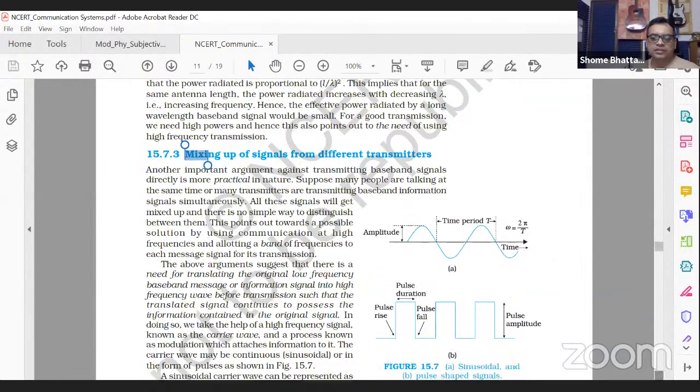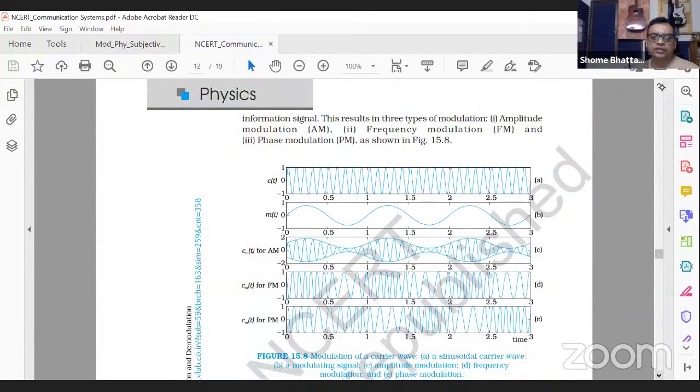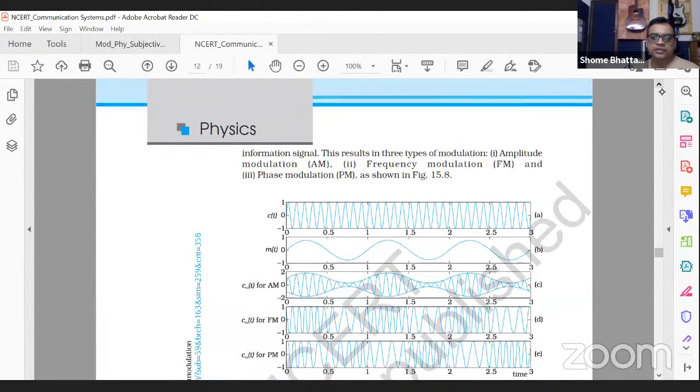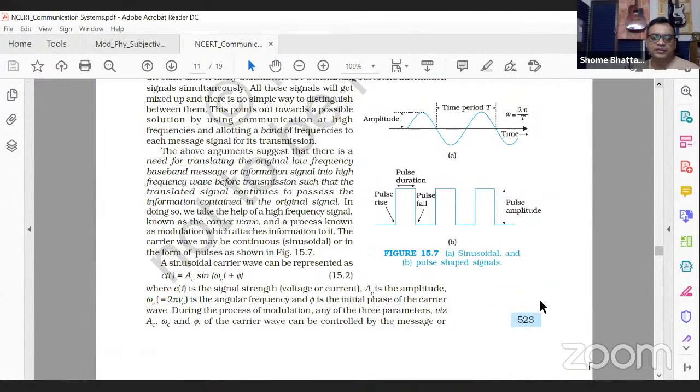All these factors together will determine the kind of frequencies that are used for carrier waves. And these all point to the fact that carrier waves need to be of comparatively high frequency.